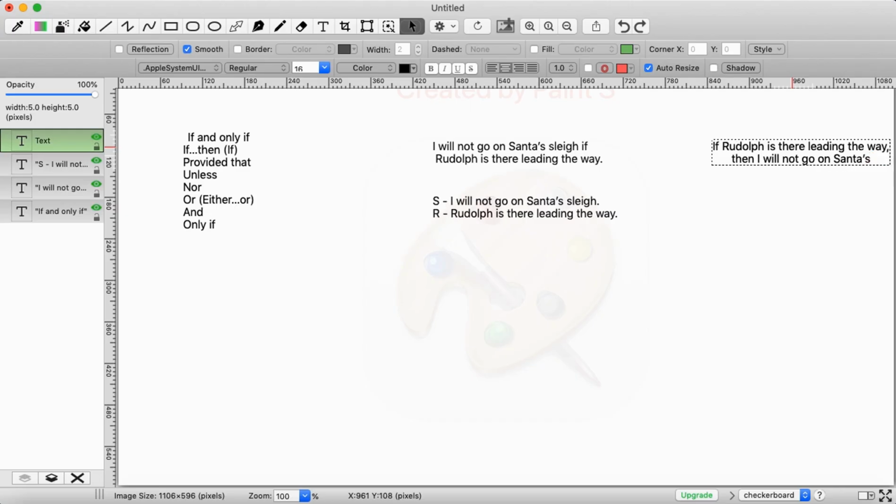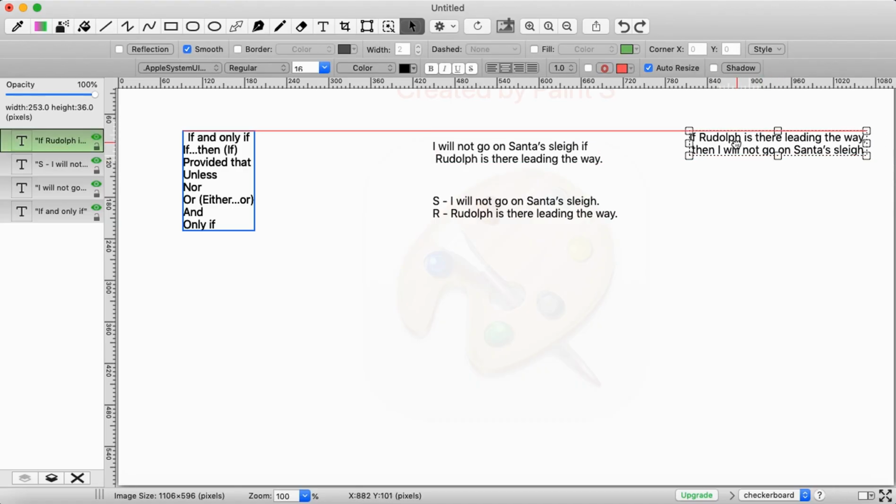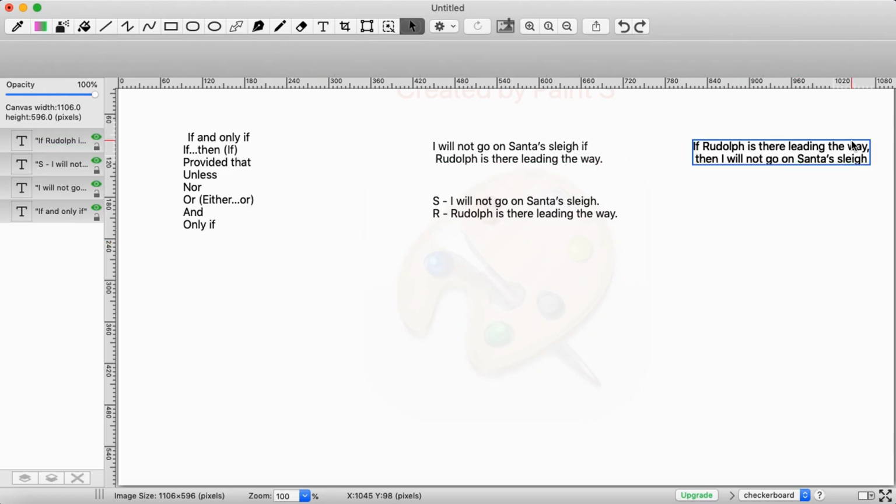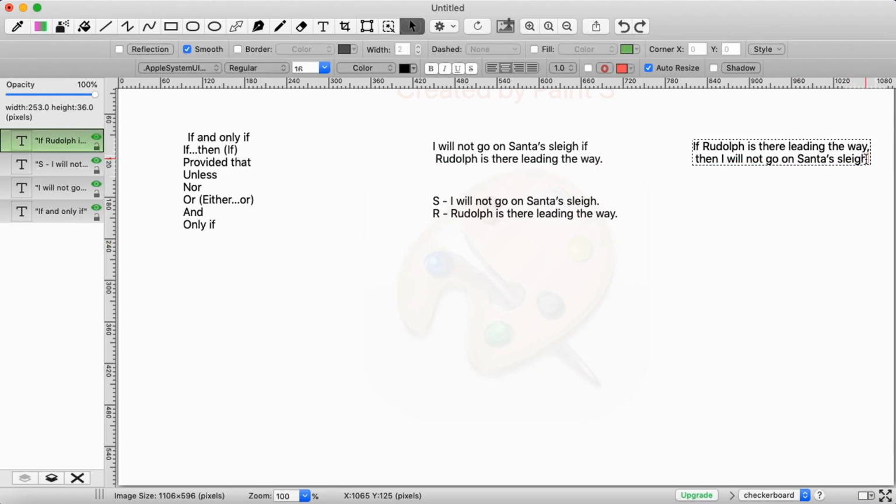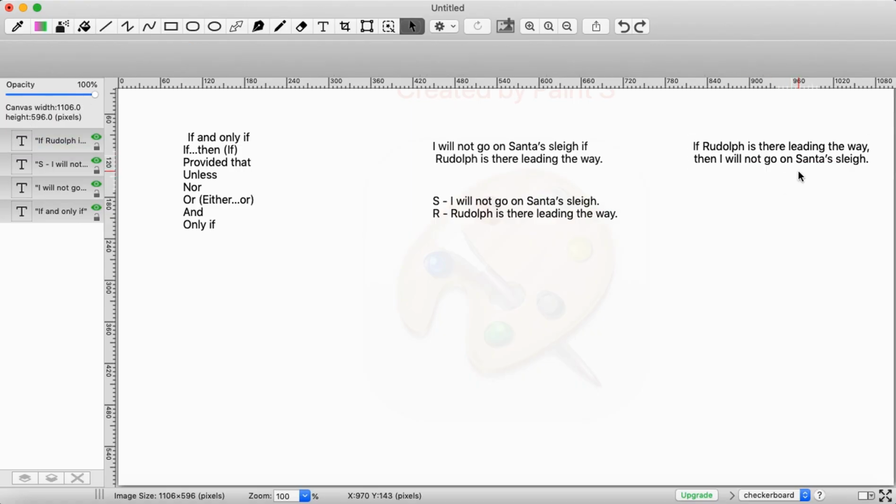I was going to say it rhymes both ways, but obviously it rhymes both ways. If it rhymes one way, it rhymes the other. It has to. Anyways. Okay, so if Rudolph is there, then I will not go on Santa's sleigh. So that's why I have if then if. It can be written this way or this way, okay? And they mean the same thing.